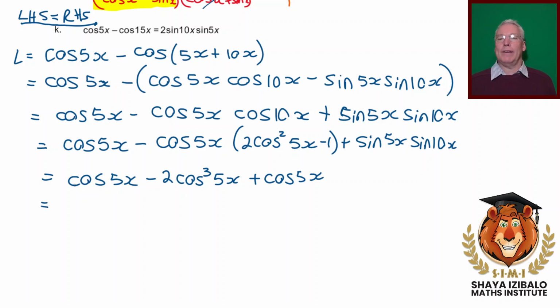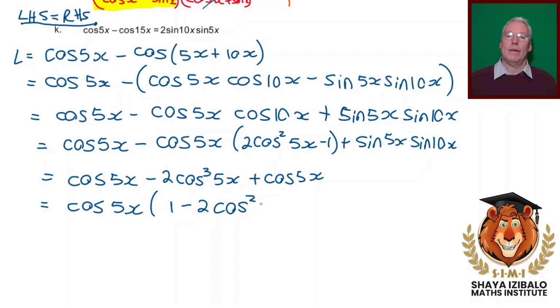This is actually going to go, if we take out a cos 5x, it's going to go to 1 minus 2 cos squared 5x, all right? Plus another cos 5x. And we've still got these bits that I haven't written down there.